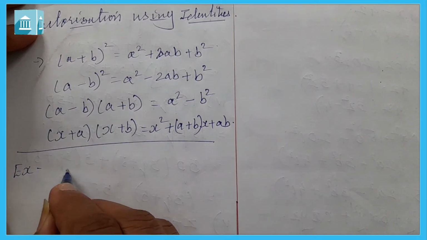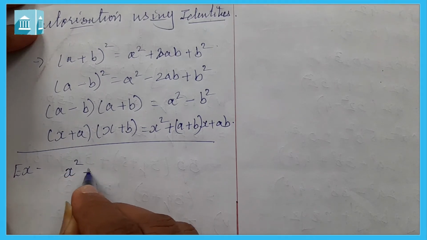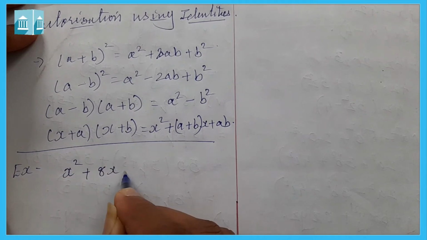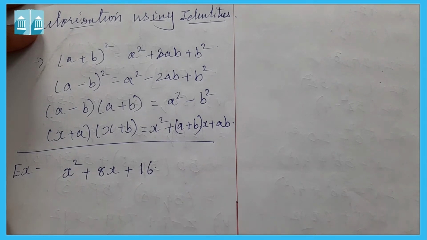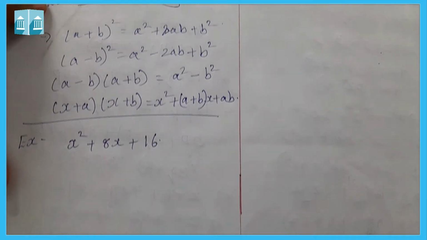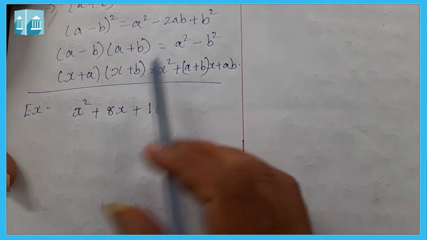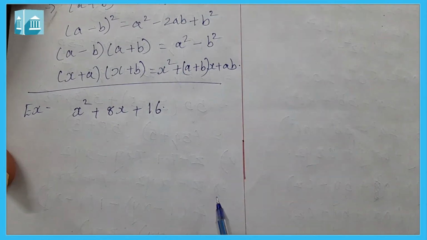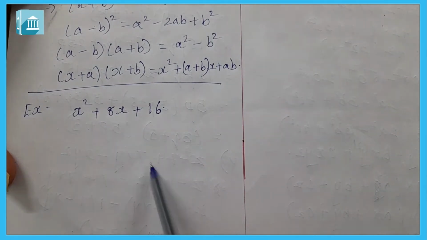Suppose x square plus 8x plus 16. Now we have to remember these identities, which identity is suitable here.